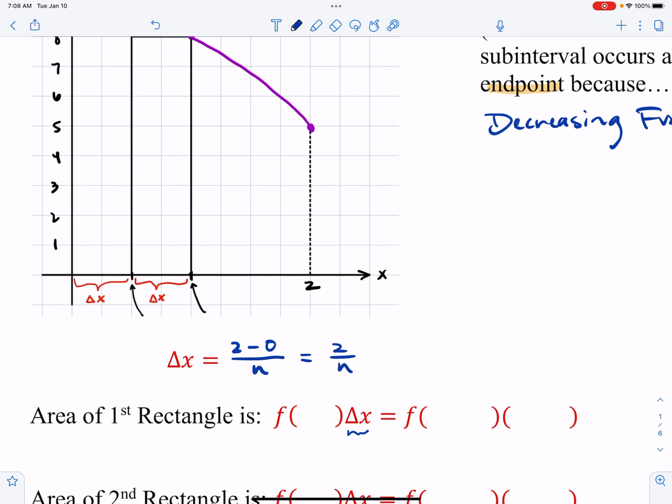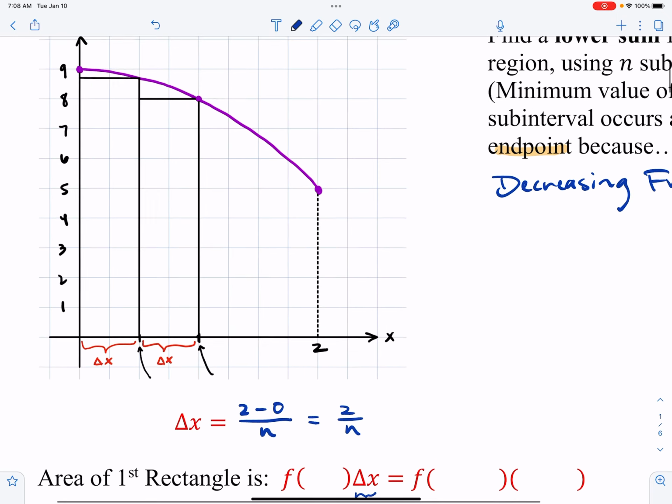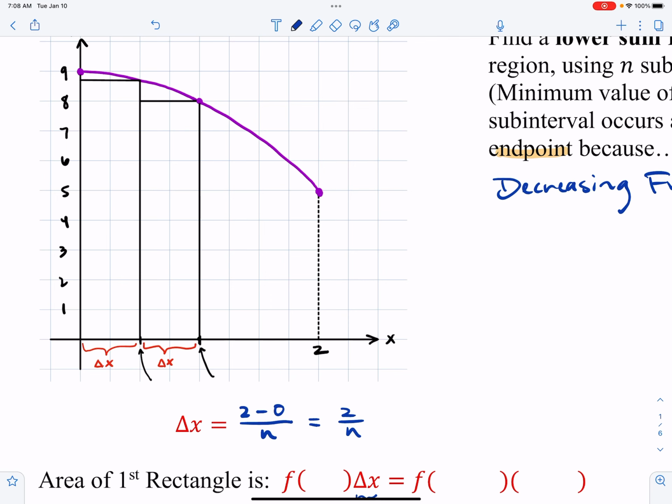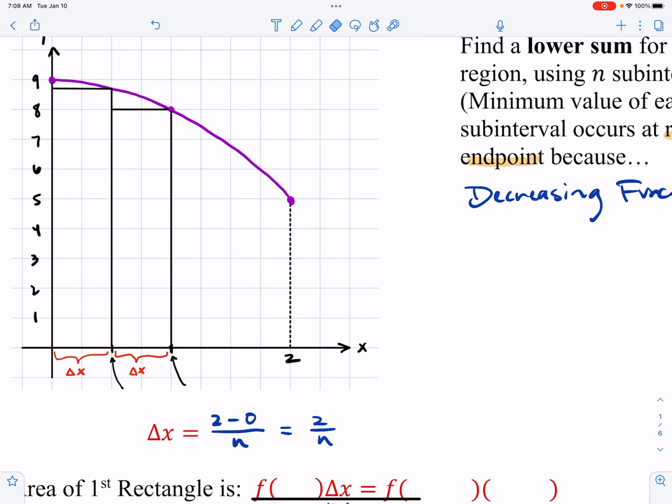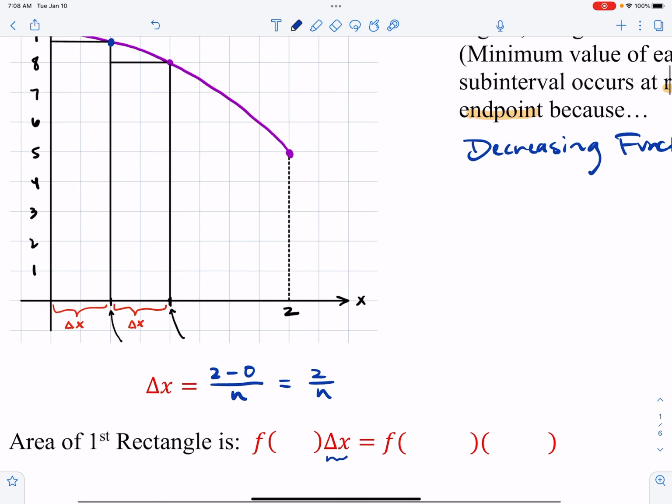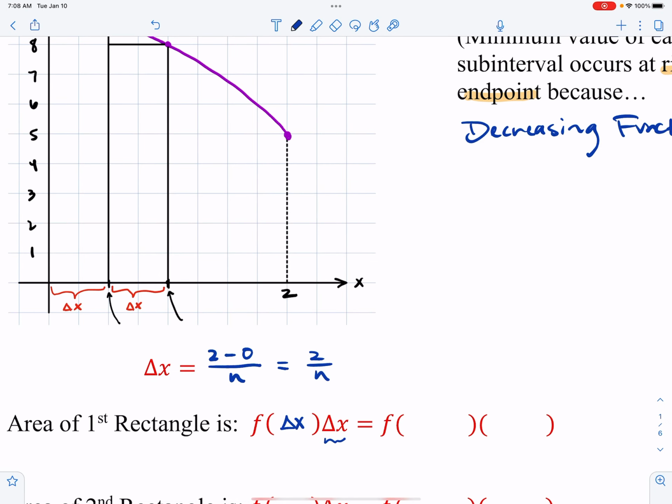And then the height would be, looking here, if we're using the lower sum, and because it's a decreasing function, we're using the right endpoint of each subinterval to calculate the height. So the height of the rectangle would be f of delta x. Another way to write that, since we have a different representation of delta x, would be f of 2 over n times 2 over n.